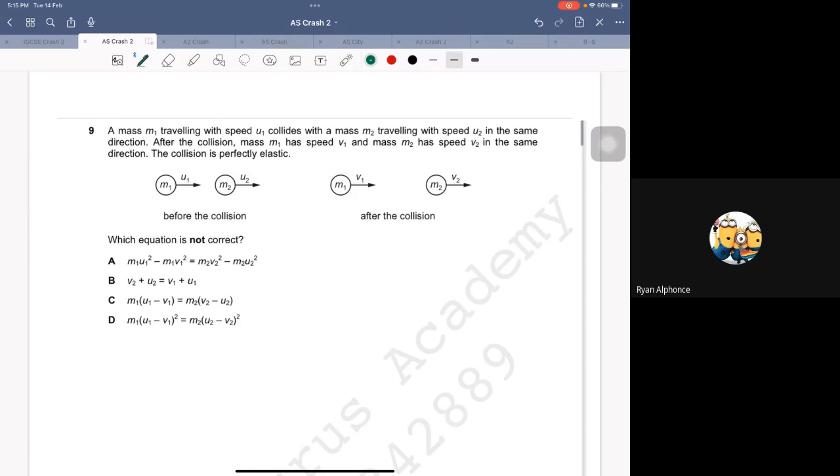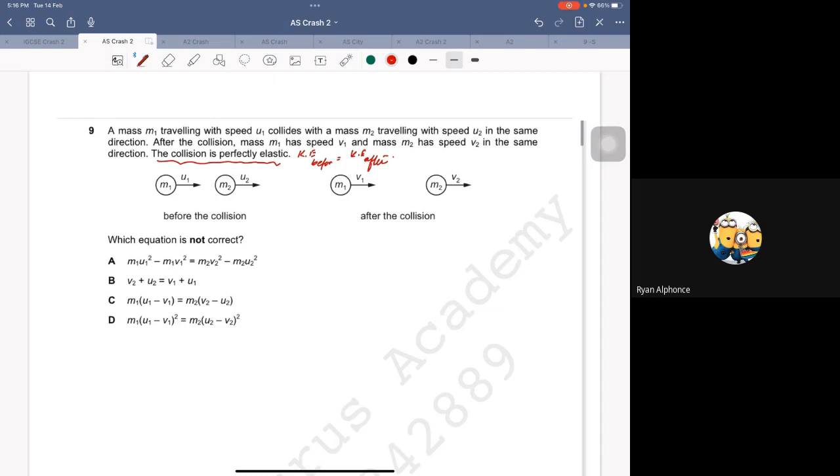The collision is perfectly elastic, which means that kinetic energy before should also be equal to kinetic energy after, and we just need to prove it.